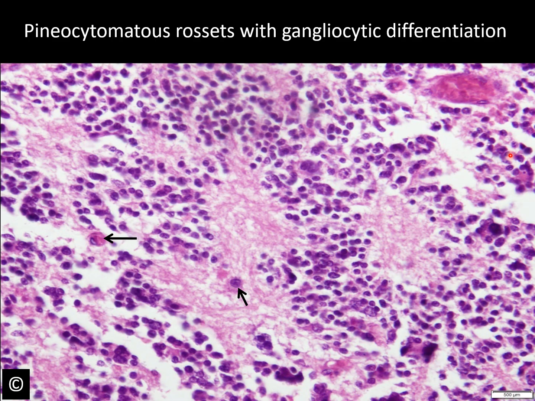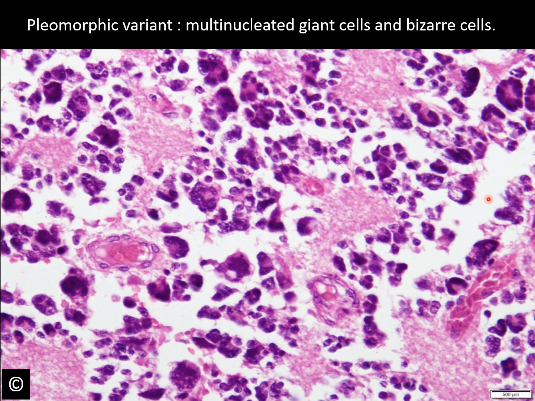Now, other features in a pineocytoma could be the presence of gangliocytic differentiation. So you can see these are the ganglion-like cells present in the pineocytomas. The differential diagnosis is ganglioglioma.